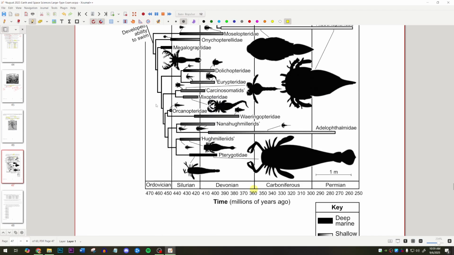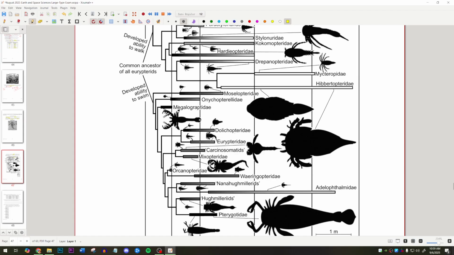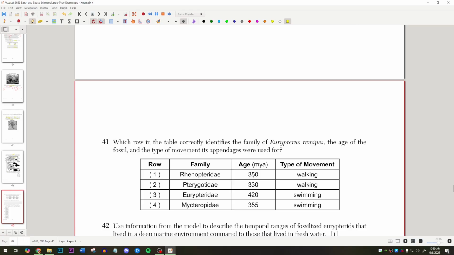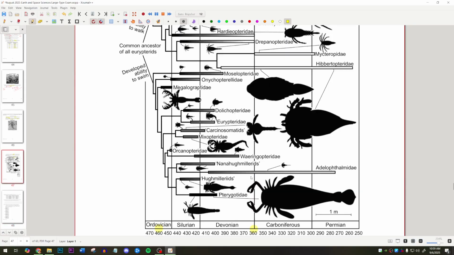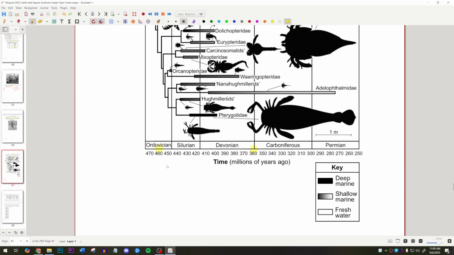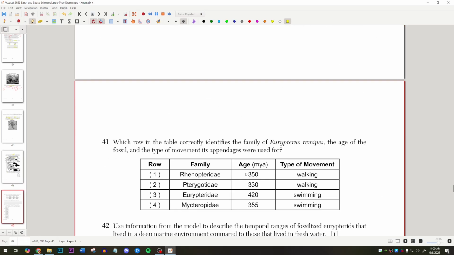Or do they want the age of when it was there? 460 million years ago, I'm guessing it's that one. Because it's right here. So I guess this silhouette, do they want it right there? I guess. That's stupid. So it's about 460 or 360. Either way, I don't know which one it is yet. This is wrong. So we're going to say this is wrong. Okay, let's try the next one, and hopefully this answers itself.